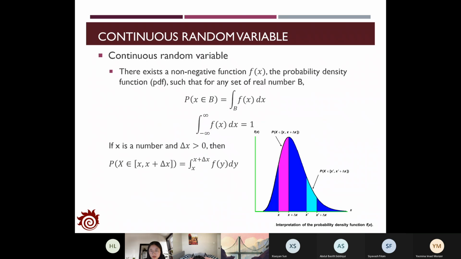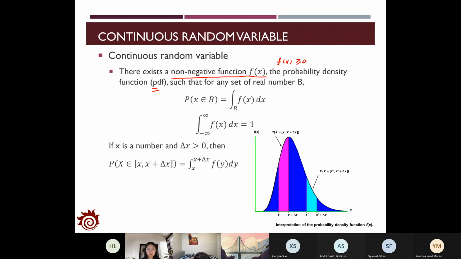And for the continuous random variable, there exists a non-negative function fx, and this is the probability density function, the PDF. We have to know that fx is non-negative, so it's always equal to or higher than 0.